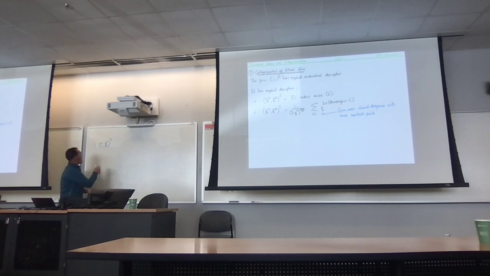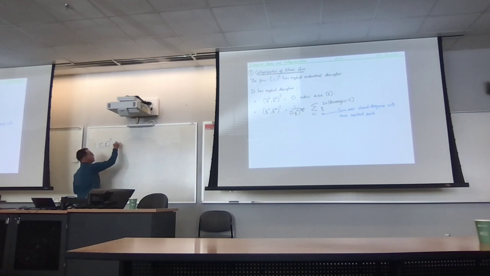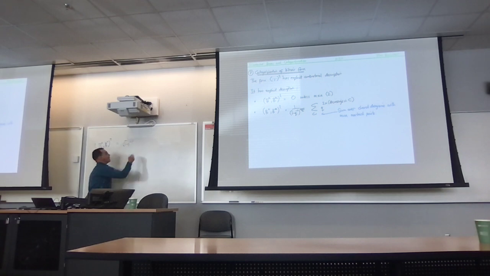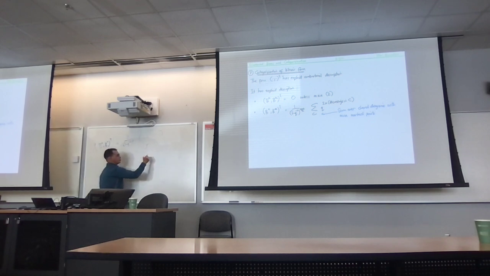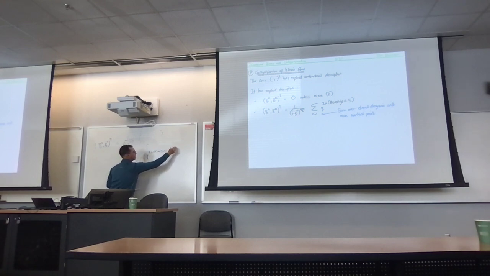So m and n are both 2, so m plus n is 4. According to the formula, it's that, and then it's the sum over chord diagrams with 4 marked points. And it's q to the 2 times the number of crossings in C.